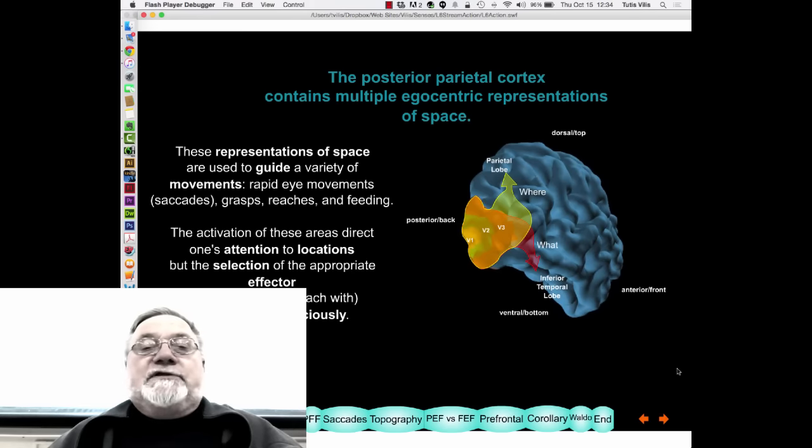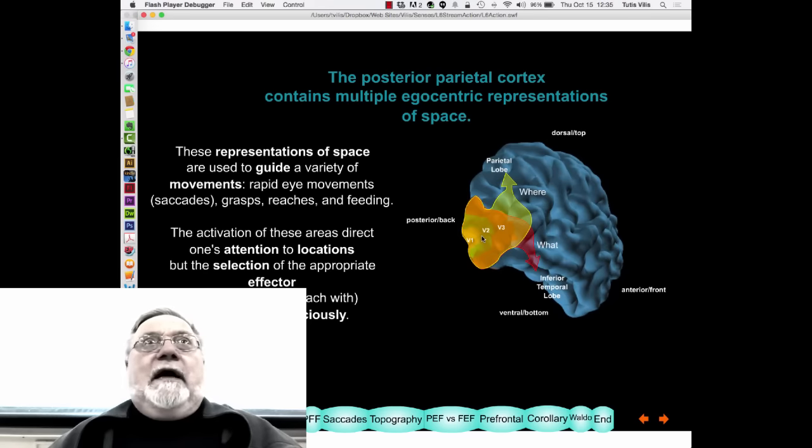Now there's a variety of movements or representations of space that are coded up here, and the representations of space are to guide different types of movements. There's rapid eye movements called saccades, there's grasps, there's reaches, and there's feeding behavior. We'll look at each of these in turn today.